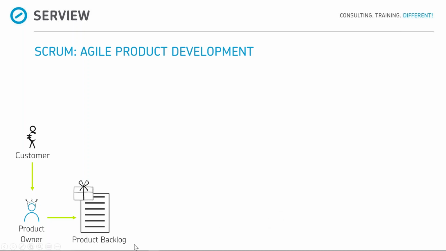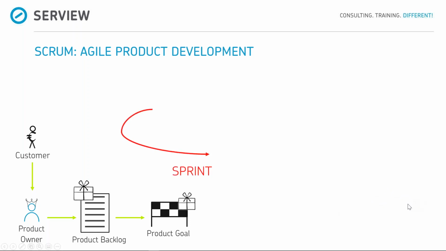So it's basically a log, a list behind the product backlog. And this list will be continuously updated as we learn more about what the customer needs and what the product needs. Out of this product backlog, we then derive a product goal. This is what the vision was that we talked about earlier. This is where we want to arrive at, the solution.